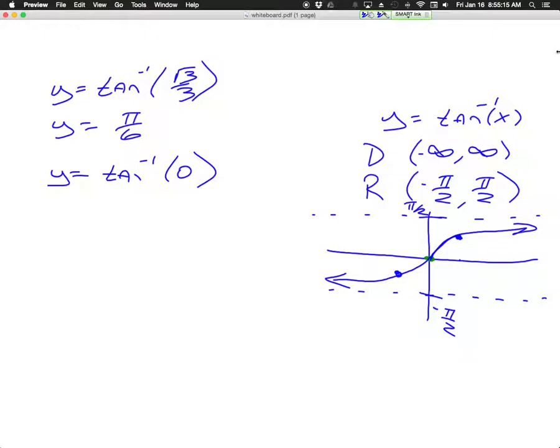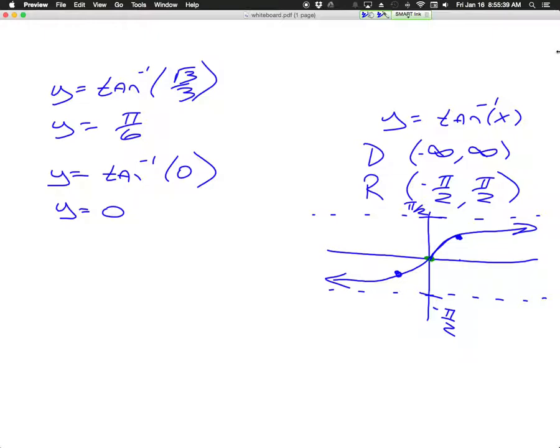What y value matches the x value of 0? 0 does. So my answer is 0. And if I have to go to the graph of inverse tangent, there is only one answer I can get. 0 is the only answer I can get from the graph of inverse tangent.